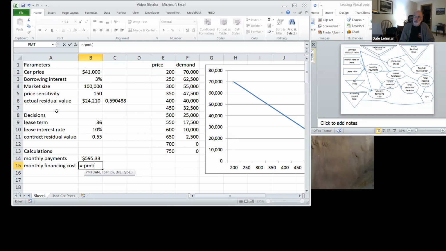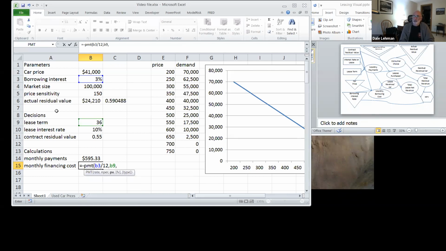Instead of pulling up that dialog, you can also do it this way. I know it's the PMT function, so what is the rate? The rate is in B3. So this is what we as a leasing company have to pay to borrow the money. We have that interest rate, but per month, so divided by 12. Number of periods is B9, 36 months.